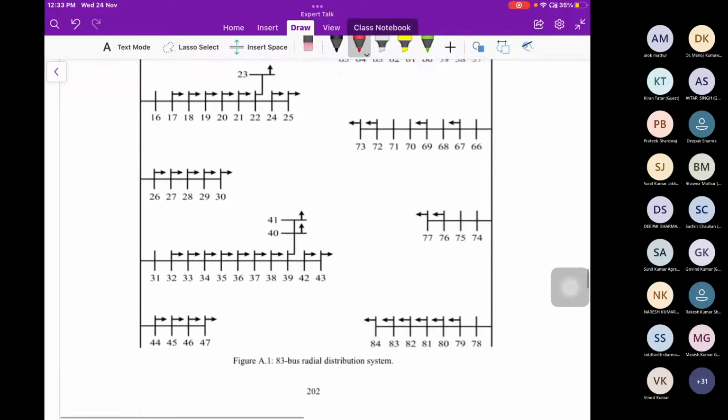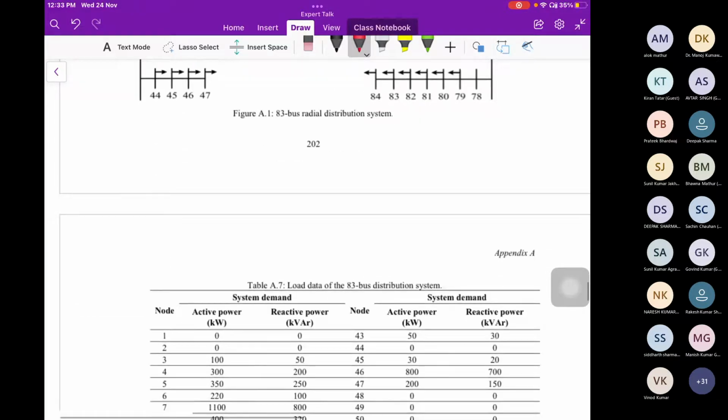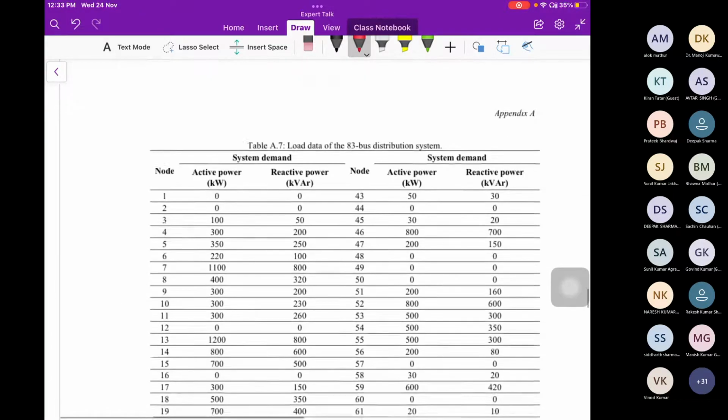There are 11 feeders, and the structure of every distribution system is the same.